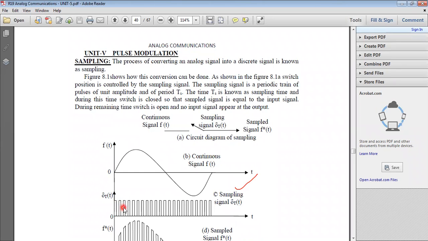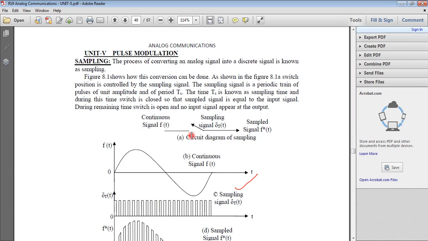Here we apply a sampling signal train which has time period Ts, known as the sampling time, and during this time the switch is closed. Whenever the switch is closed, the sampled signal appears at the output. After that, when the switch is open, the signal does not appear at the output.